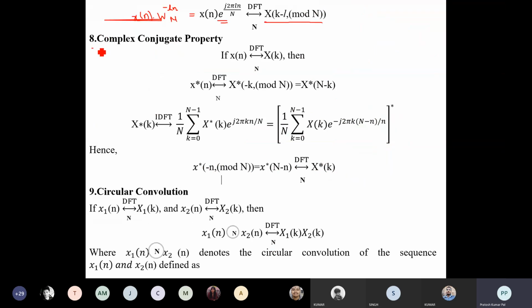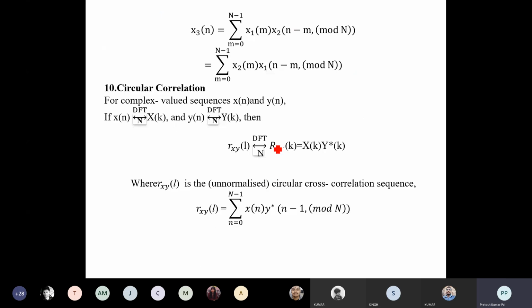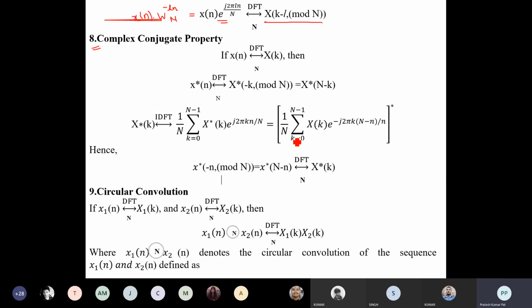हाँ, नेक्स्ट प्रॉपर्टी है कॉम्प्लेक्स कॉन्जुगेट प्रॉपर्टी. सो कॉम्प्लेक्स कॉन्जुगेट प्रॉपर्टी ये थोड़ी कॉम्प्लेक्स दिख रही है. ठीक है, मैं इसको थोड़ा सा और सिंपल करके लिखता हूँ.